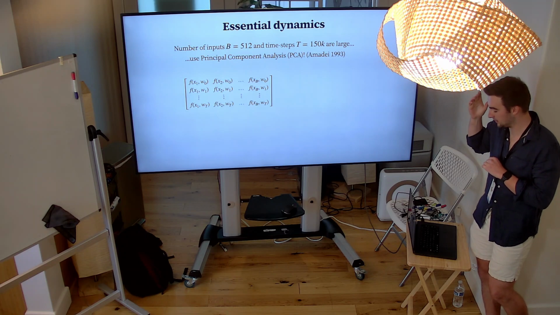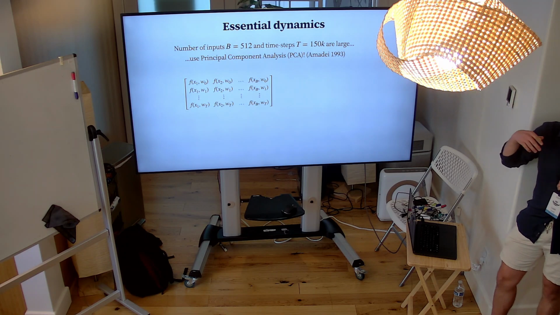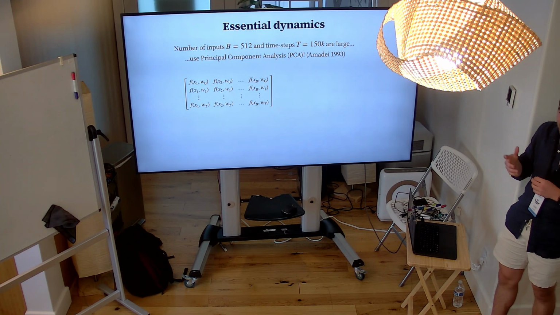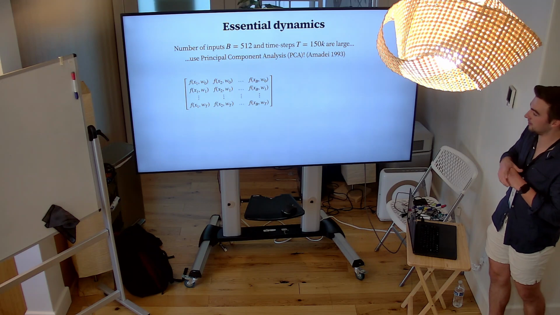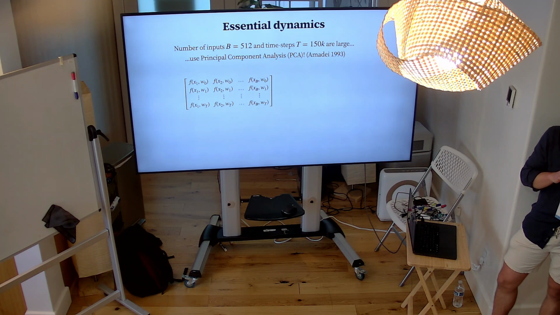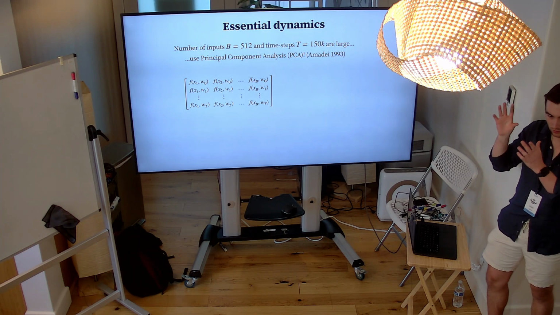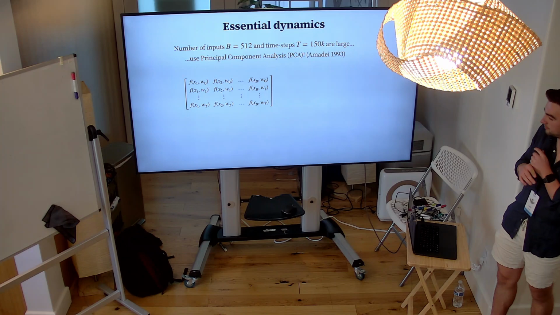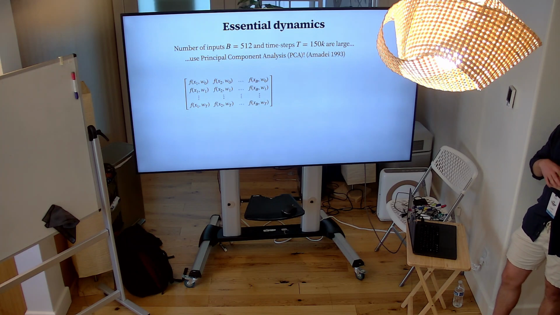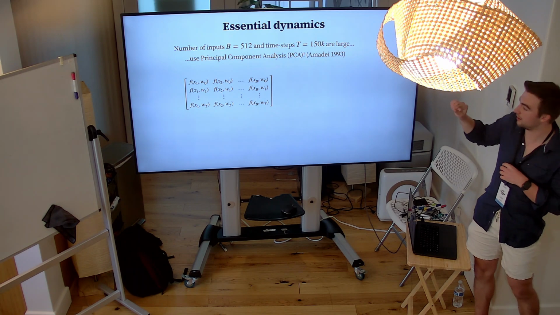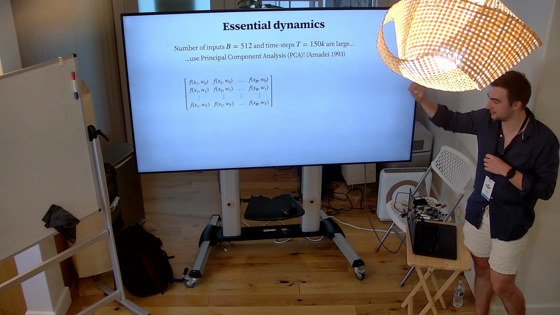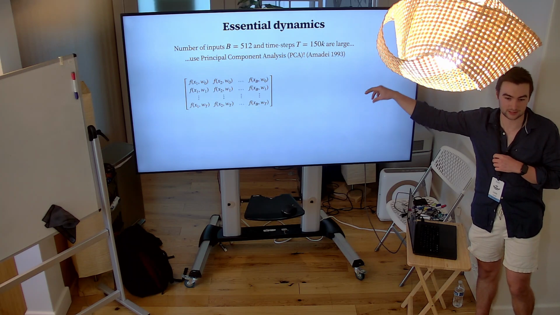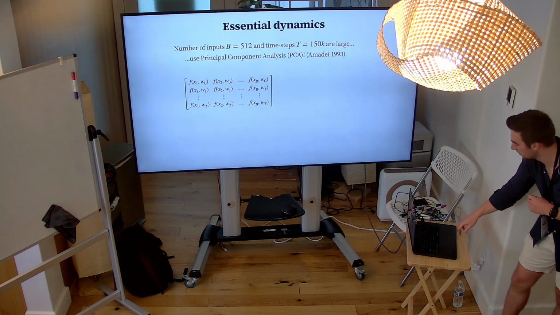And so the idea of essential dynamics, which is introduced, at least by that name, in Amadei 1993, which is from molecular dynamics, is where it originally came from, in a sense. The idea of essential dynamics is to apply principal component analysis to this matrix tracking the trajectory.